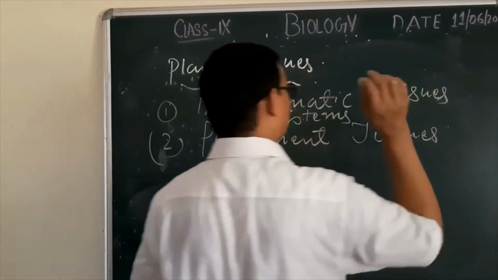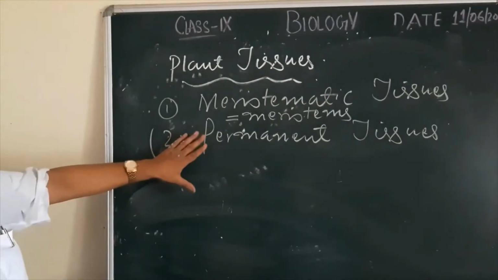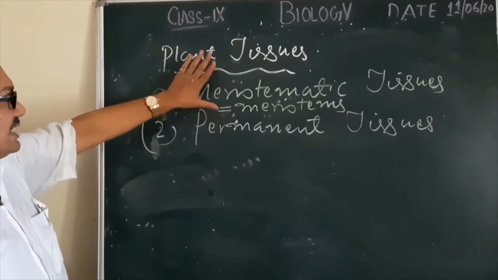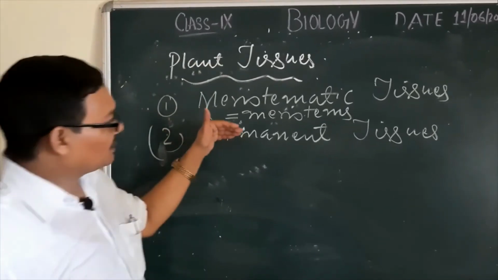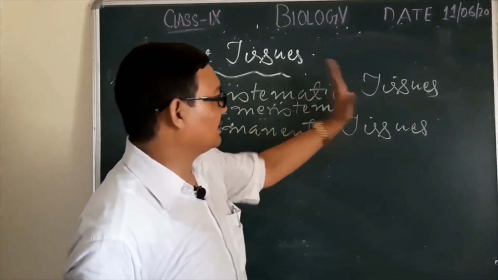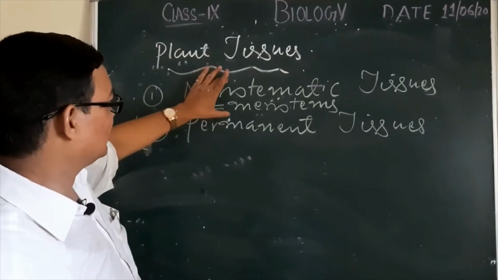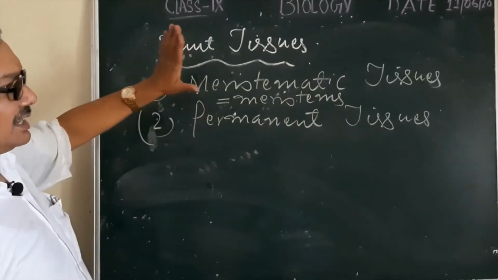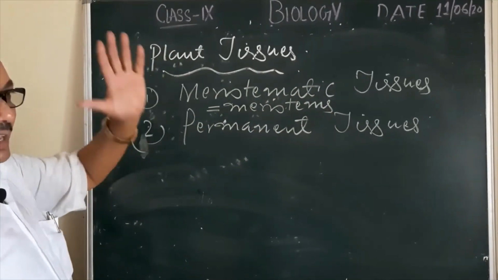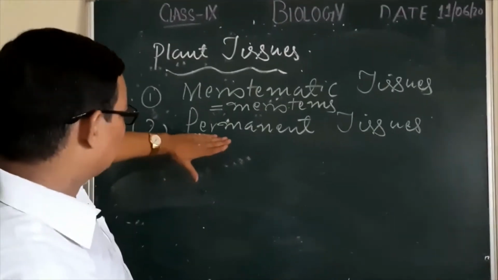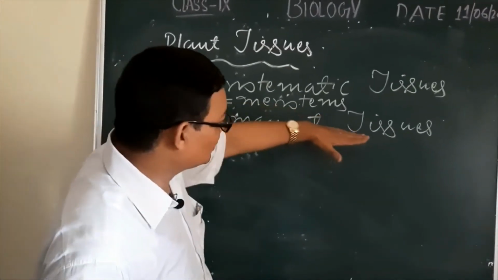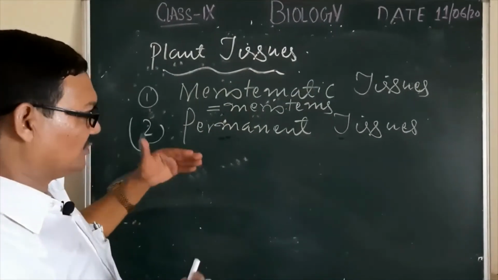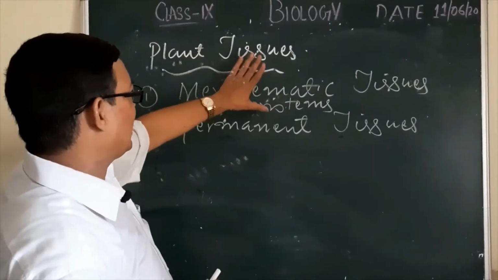So, these are the two main types of tissues present in our syllabus. Further, meristematic tissue is divided depending upon the origin into three main categories: apical, lateral, and intercalary meristems. Similarly, permanent tissue is further divided depending on some other facts which we will discuss when we start plant tissues.